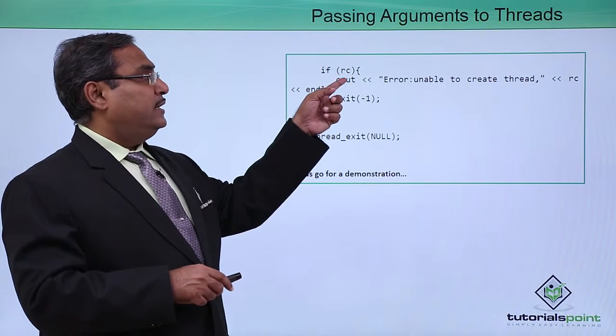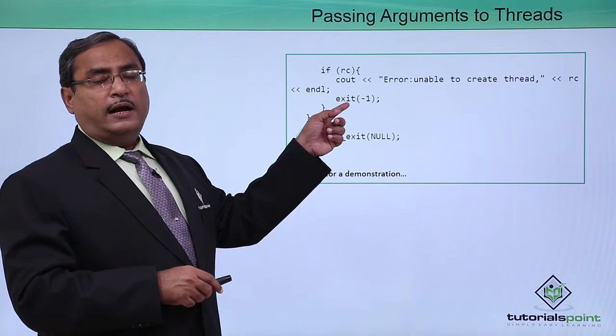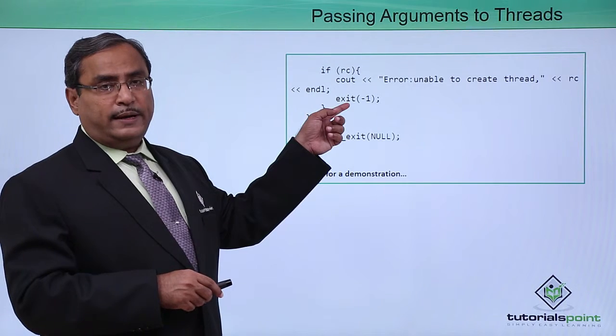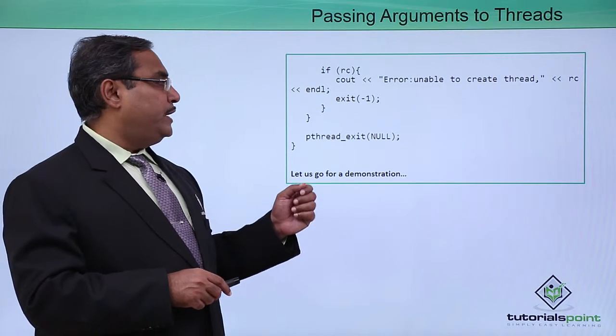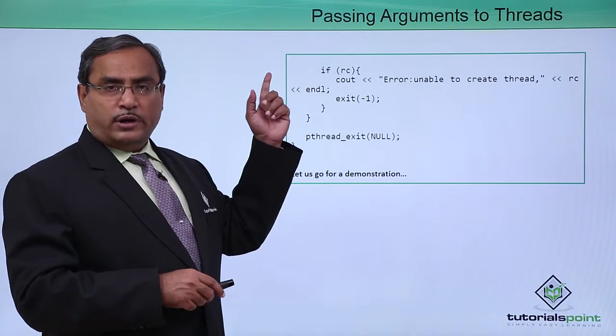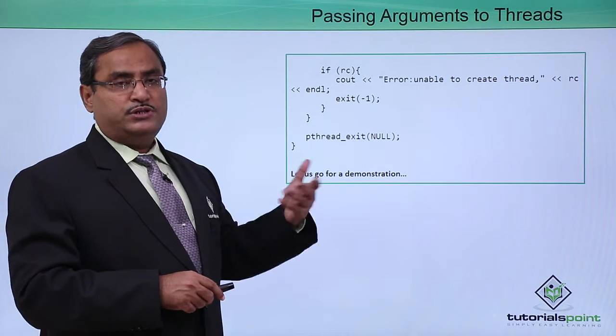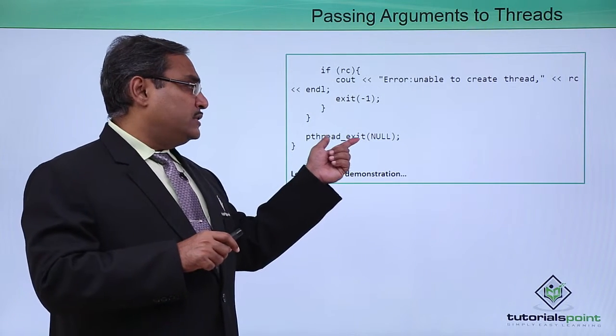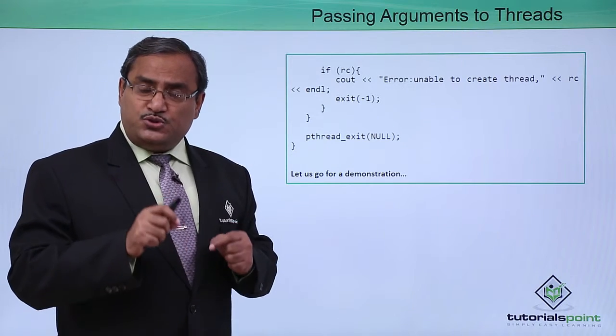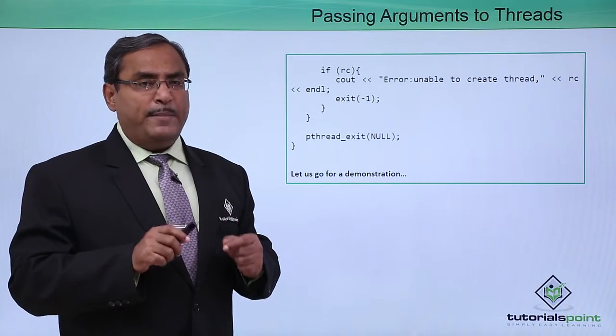And if rc, then this error message will be displayed, and unsuccessful termination of the code will take place. So exit(-1) we have written, otherwise it will just go on executing the respective function, which is the thread body. Now pthread_exit(NULL) actually terminates the main thread.